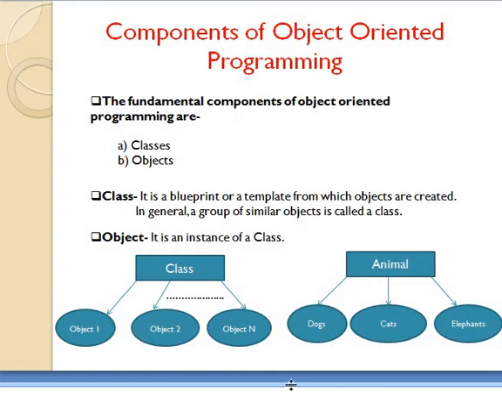And all these objects are instances of a class. In the class called animal, the objects dogs, cats, and elephants are the instances of the class animal.